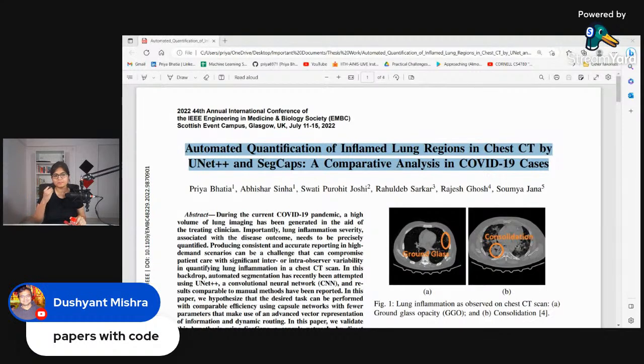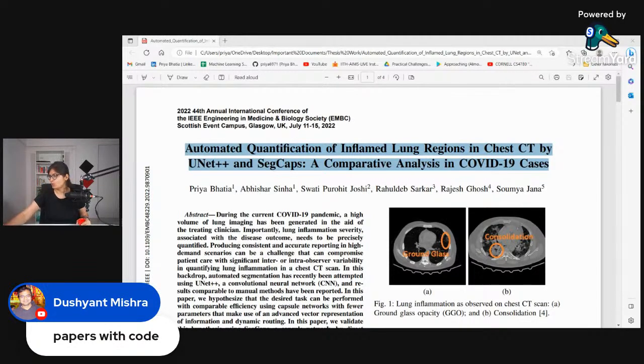What do you think by seeing this title itself this research paper is all about? Any keywords you can get, anything about this paper itself? Don't focus on the abstract, don't focus on anything, just focus on the highlighted thing.